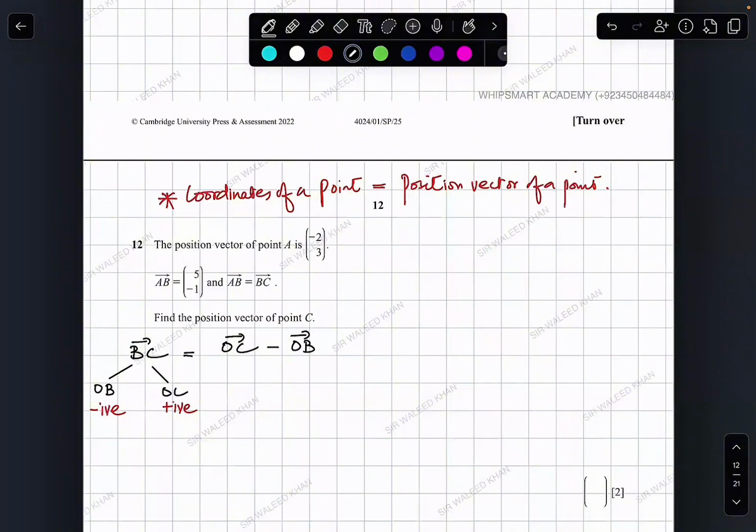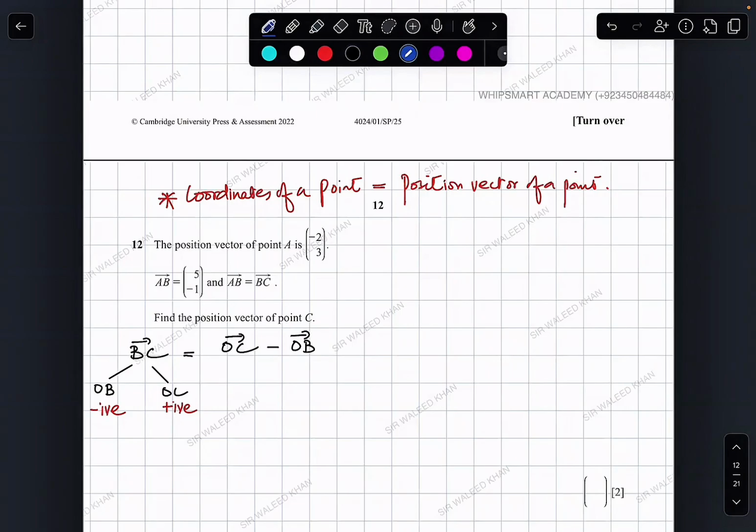They have given us the information that AB is equal to BC. So whatever value of AB is, that is the same value of BC over here. Now to figure this out, BC I do have, this same value. For OB, I still need to figure out what OB is, and then we can find OC.